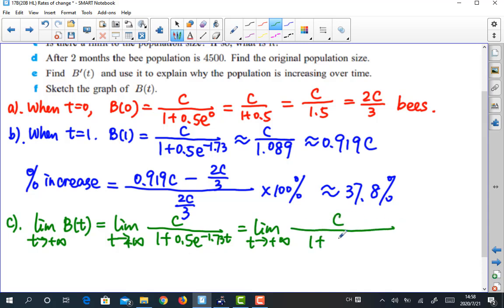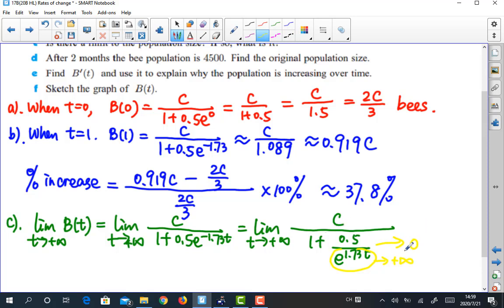I try to change this negative exponent to a positive exponent. So this one should be the same as 0.5 over e to the power of 1.73t. Try to apply the limit knowledge we introduced in chapter 14, or 17 for HL students. You should know when t is getting larger and larger positively, this is approaching positive infinity. 0.5 over a positive infinity value, so this fraction should approach 0.